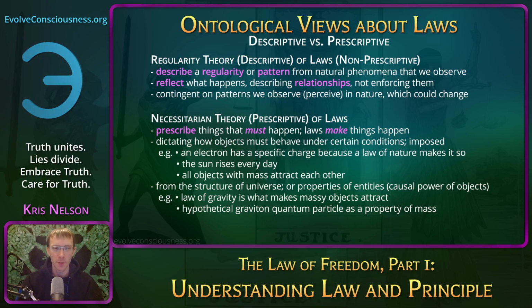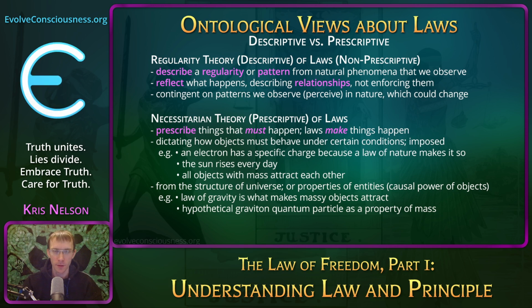How things must behave is imposed upon objects and things in the universe, imposed by the laws. For example, an electron has a specific charge because a law of nature makes it so. The sun rises every day. All objects with mass attract each other.